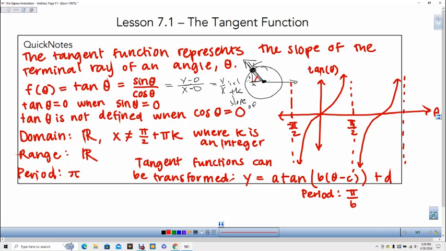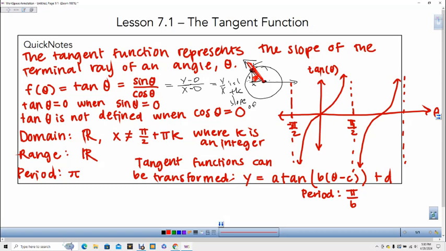But either way, when you find the tangent, what that value is telling you is the slope of the terminal ray that's based off of that angle. I'm sorry, I said angle. It does not tell you the angle, it tells you the slope. So this is going to tell you the slope of this line right here, which is how much the y changes over how much the x changes.